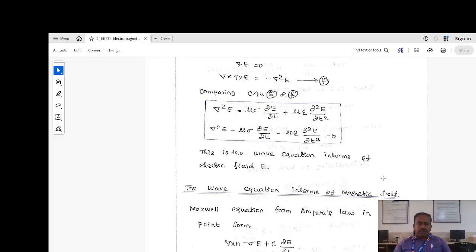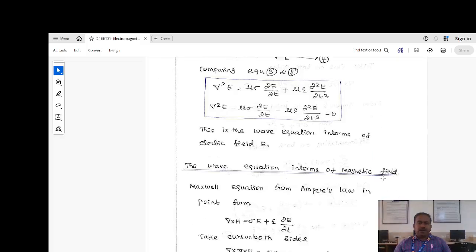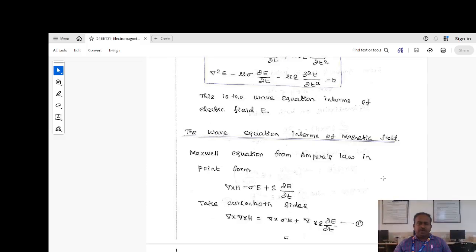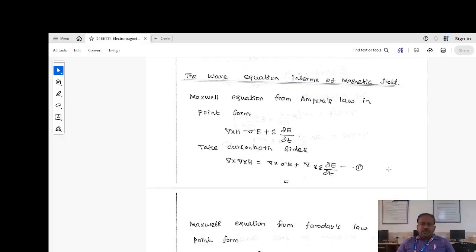While considering the wave equation in terms of magnetic field, the Maxwell equation from Ampere's law in point form we can represent as del cross H equal to sigma into E plus epsilon into dou E by dou T. Take curl on both sides: del cross del cross H equal to del cross sigma E plus del cross epsilon dou E by dou T. So this is equation number 1.